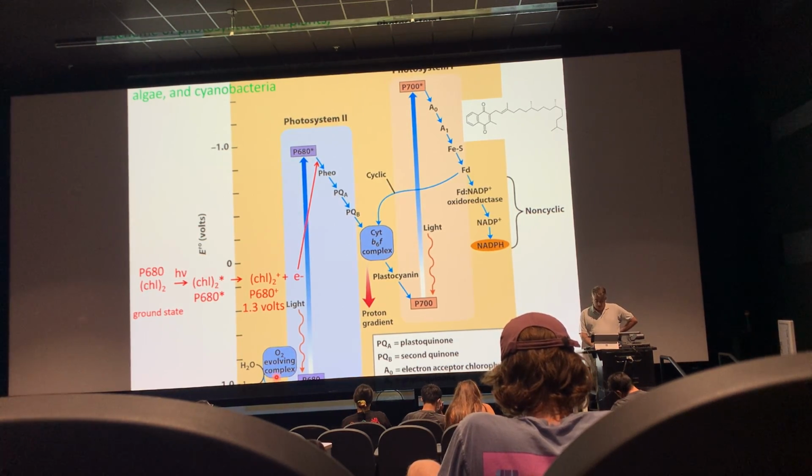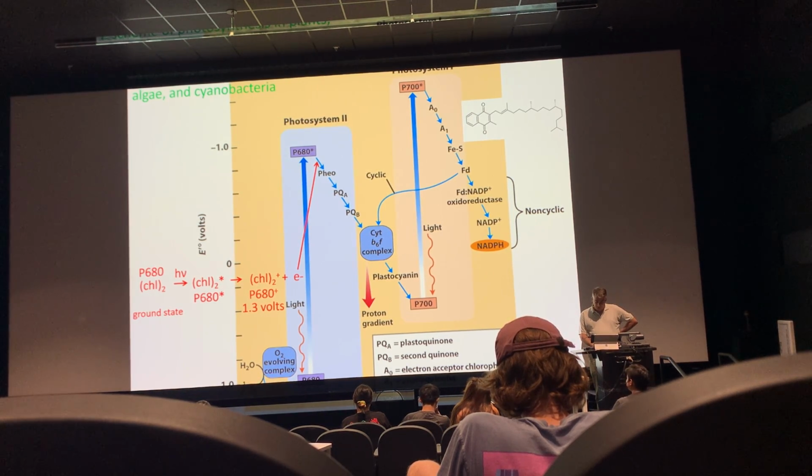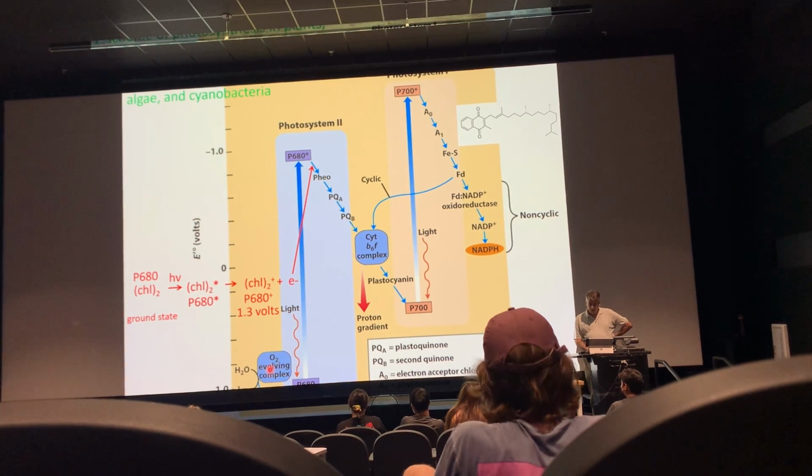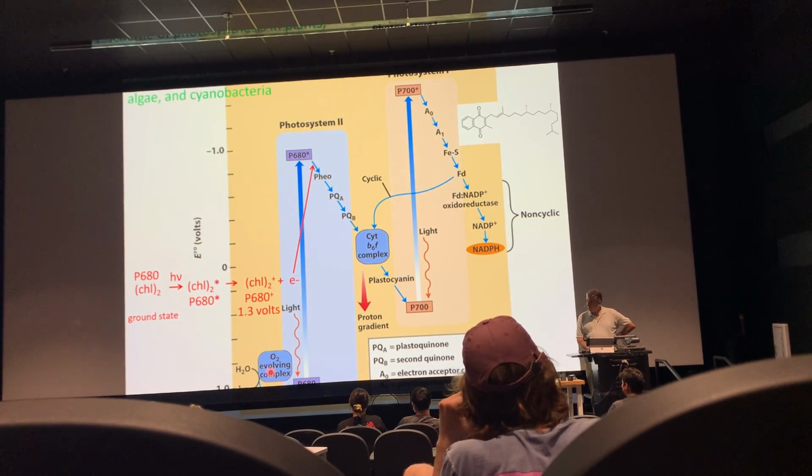Another thing that we can say right here is that, and they don't show it here, but they should have, when you strip electrons from water, you're also stripping protons from water. So this oxygen evolving complex is a source of protons.